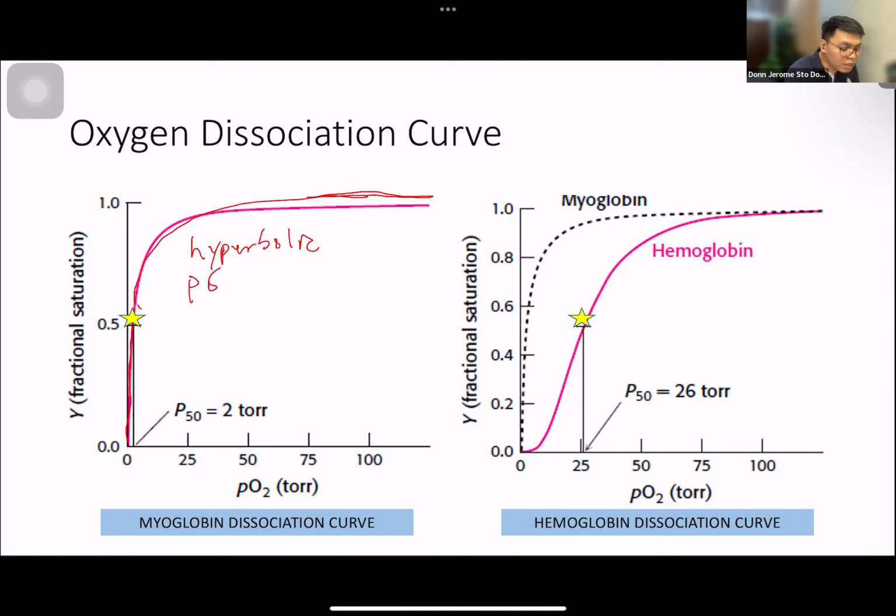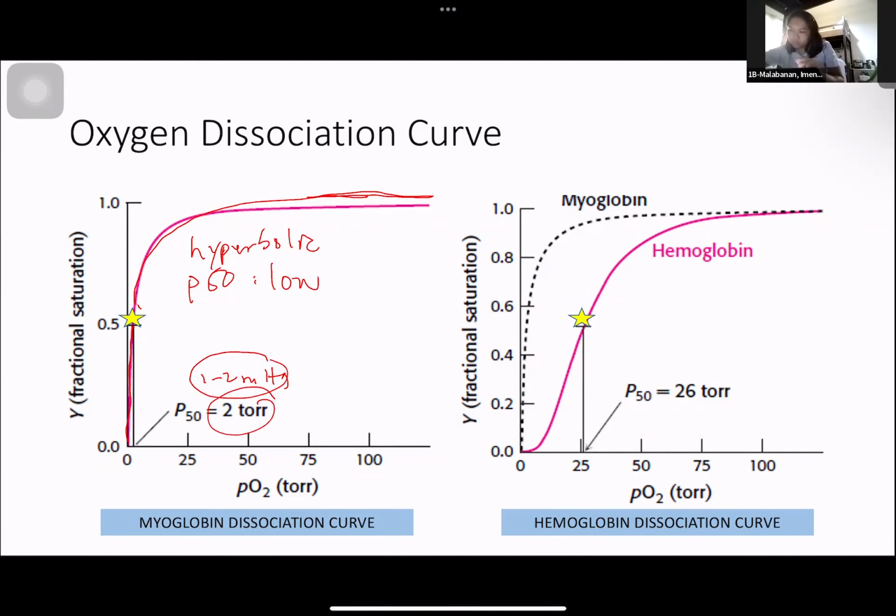The P50 of your myoglobin is low, at around 1 to 2 millimeter mercury, or 2 torr in this example. So it has a low P50 in comparison to your hemoglobin.